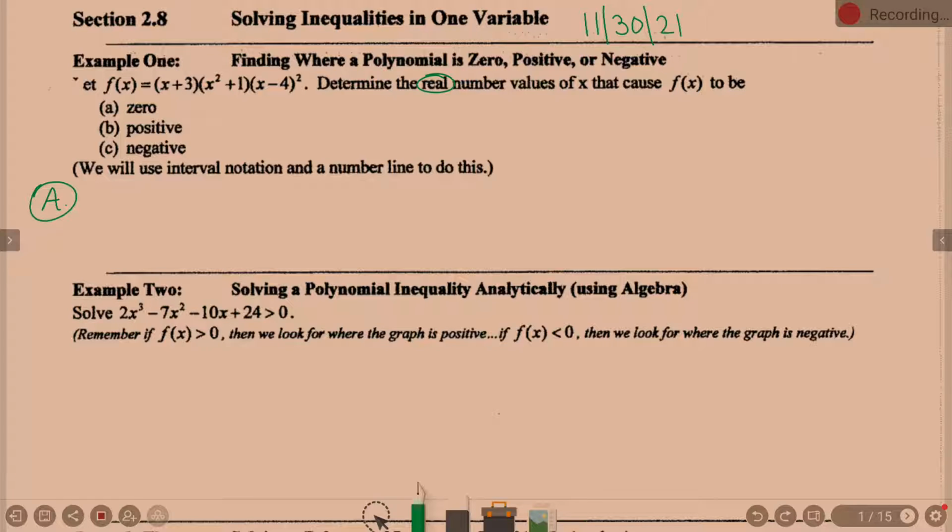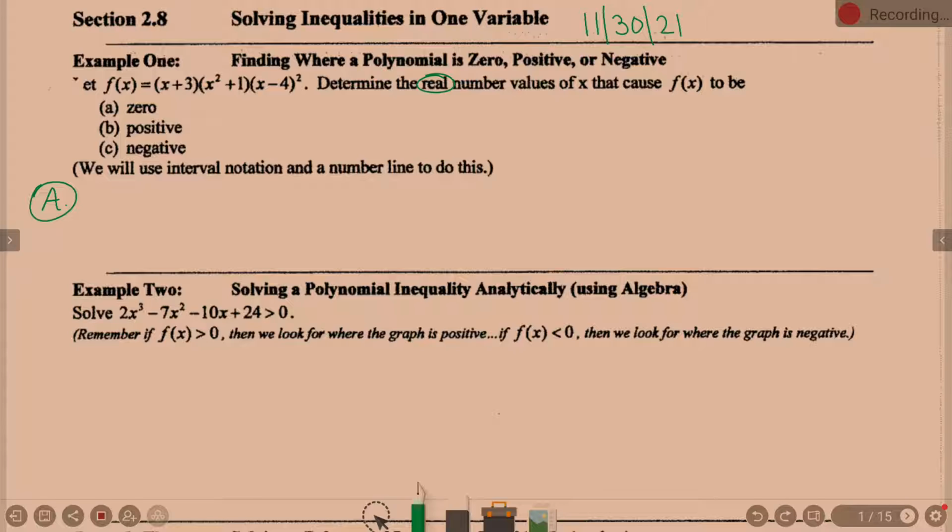When this function is 0, in other words, for what x values does this cause f of x to be 0? No, save those for example 2 tomorrow, or today if we get a chance. Negative 3?